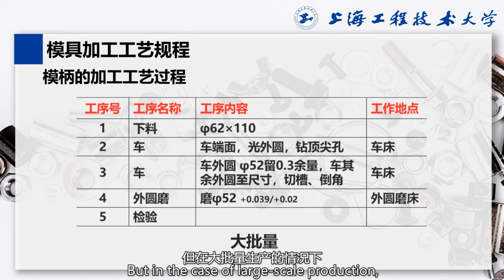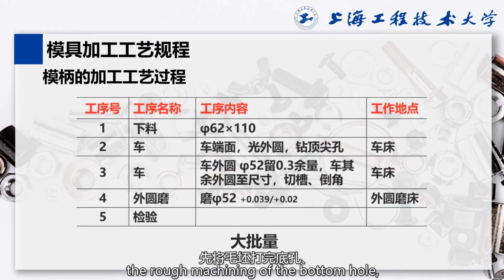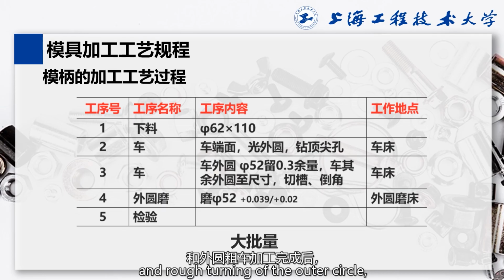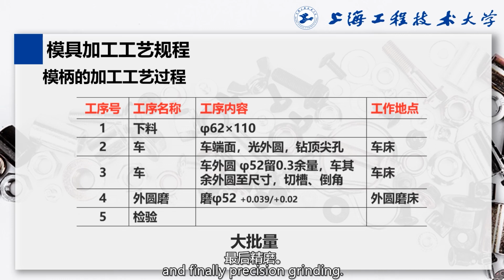But in the case of large-scale production, in order to save clamping time and tool changing time, it is recommended to first complete the rough machining of the center hole, turning the end face and rough turning of the outer circle, and then perform semi-precision turning, and finally precision grinding.